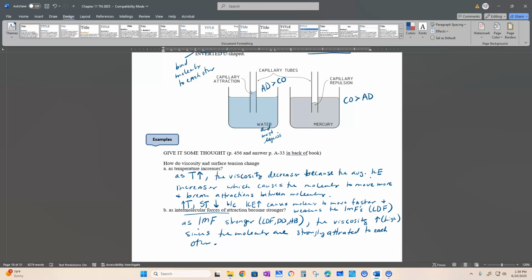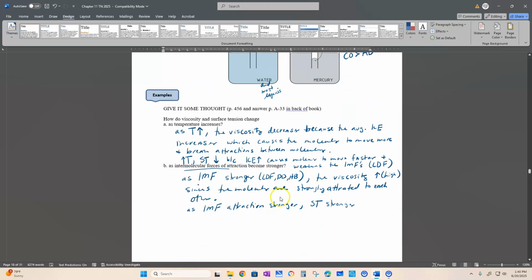As the intermolecular attraction becomes stronger, so as the intermolecular forces attraction gets stronger, your surface tension is stronger. Remember, the highest intermolecular forces, hydrogen bonds, if they're strong, you have a high surface tension.